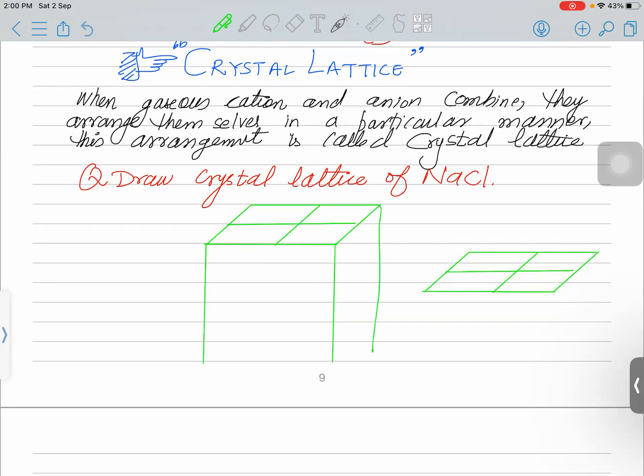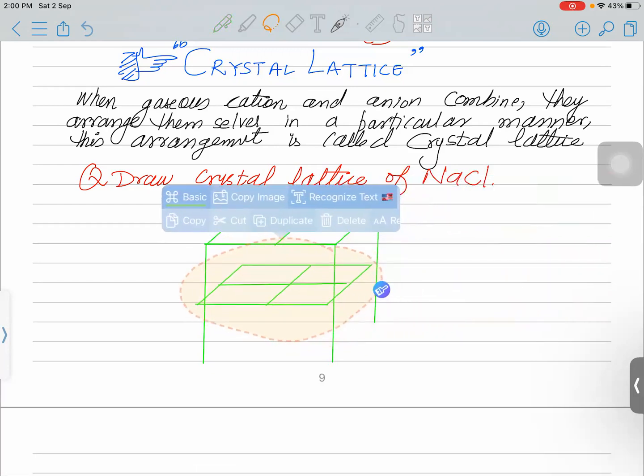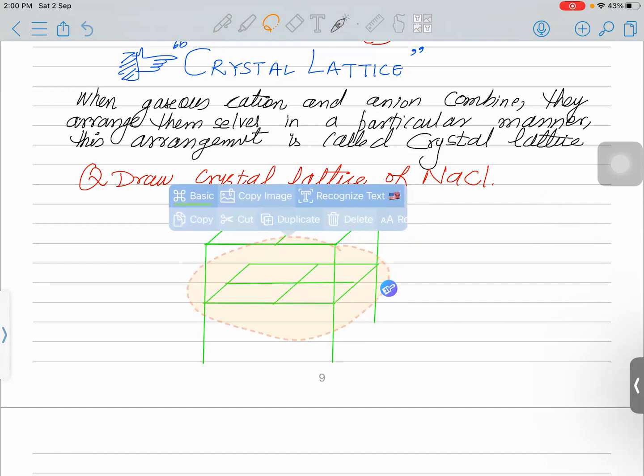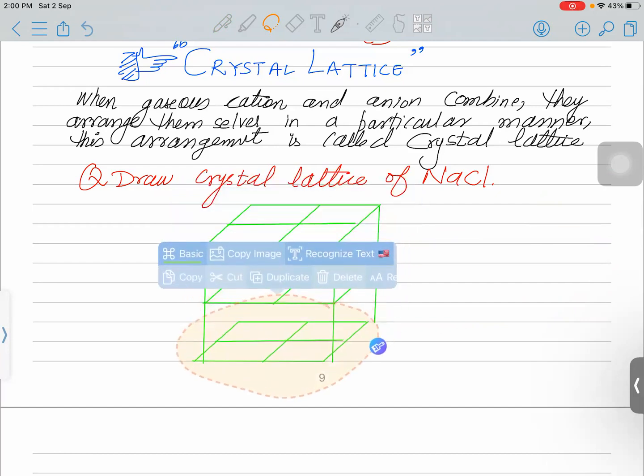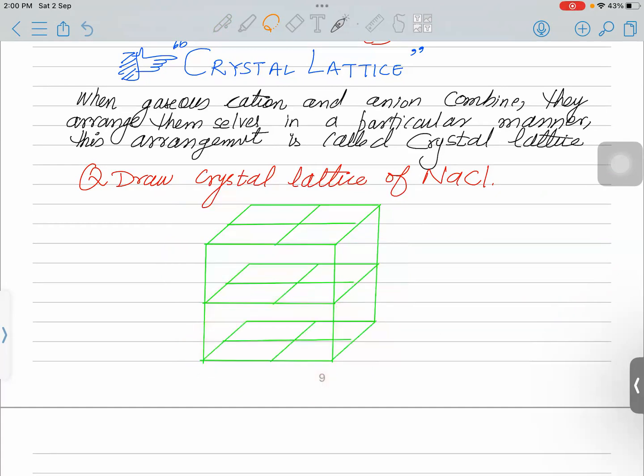This is crystal lattice. No need to learn the lattice, but you have to memorize the pattern, how to place ions.